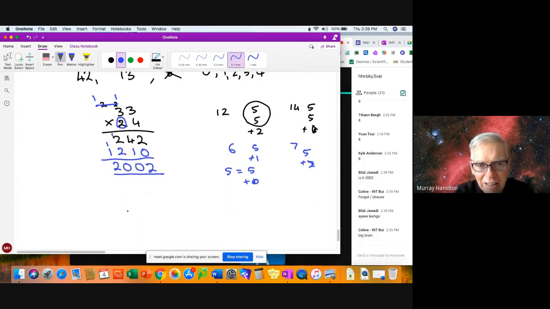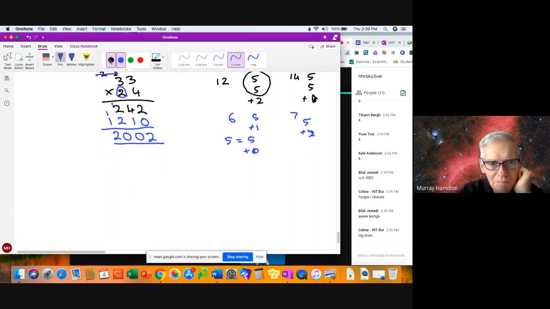Okay, shall we do one more multiplication? I want you to know how to multiply in base 5. So I want you to do 123 times 31.